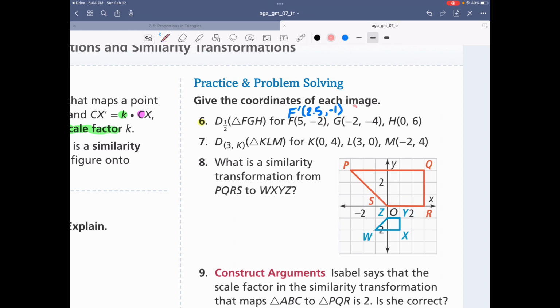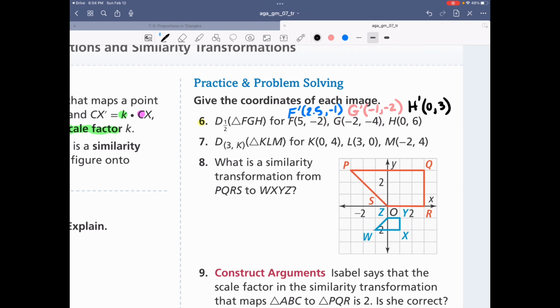Then you're going to have g prime. Negative 2 divided by 2 is negative 1. Negative 4 divided by 2 is negative 2. And then h prime, 0 will just be 0. 6 divided by 2 is 3.